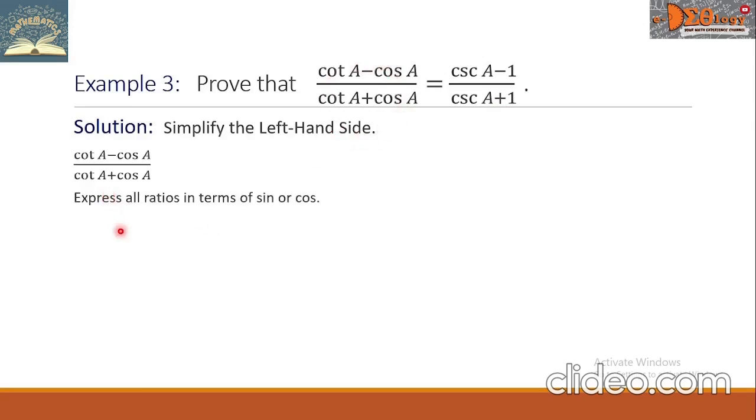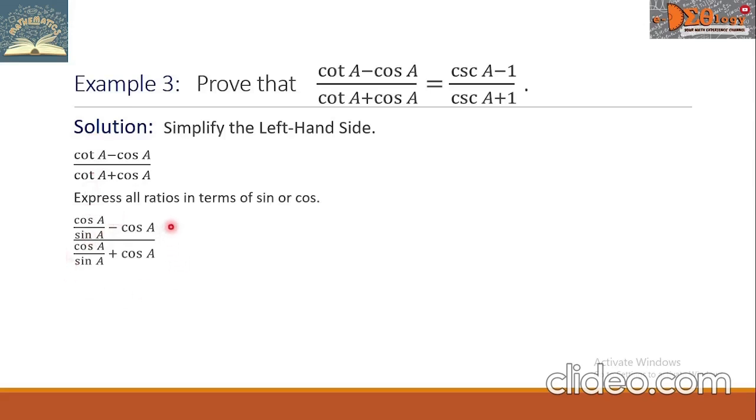Next, we're going to express all ratios in terms of sine or cosine. Looking at our fraction, we will change this cotangent A into sine or cosine ratios. So cotangent A is cosine A over sine A. We substitute in the numerator and in the denominator.